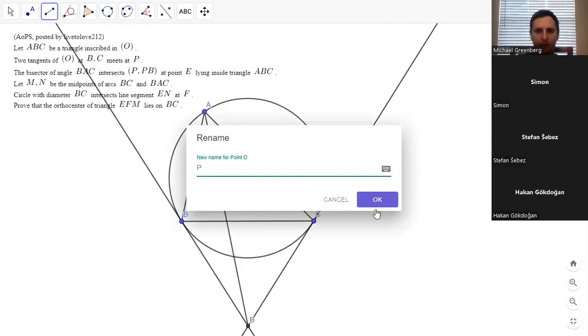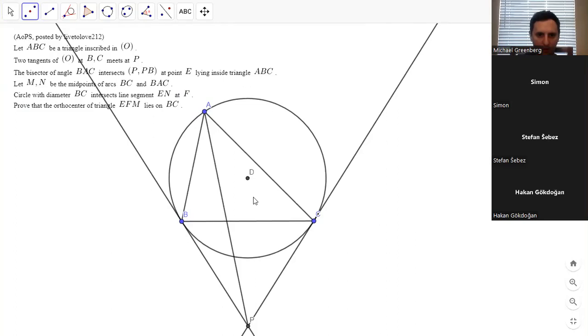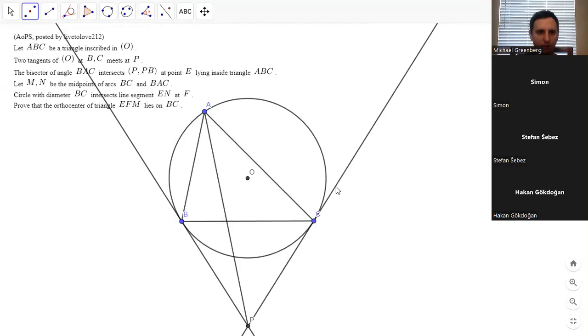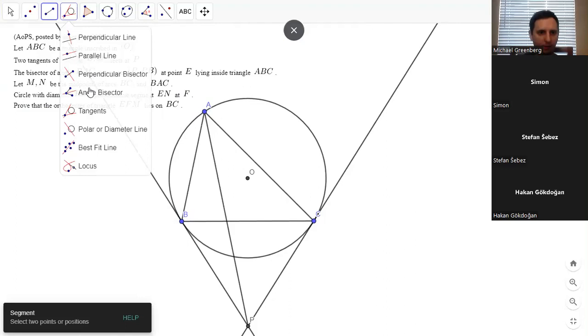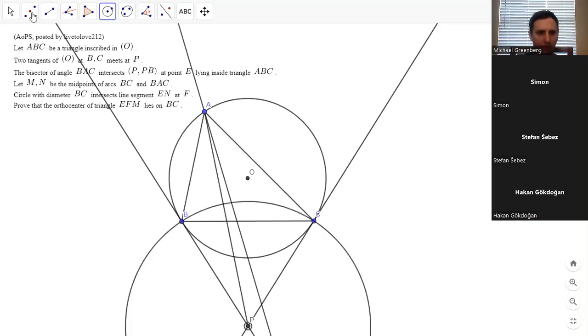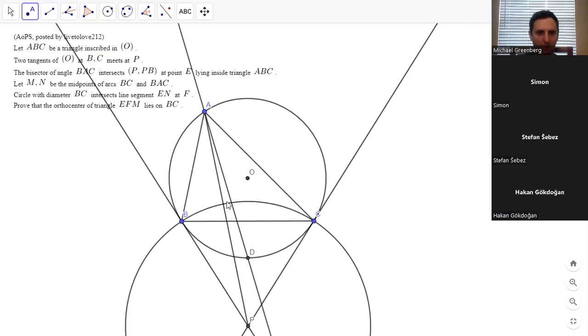And we have point O is the center of the circle. And the bisector of angle BAC, so that's going to pass through the midpoint of arc BC, and we want to see where it intersects this circle. So this point is going to be the midpoint, and this is going to be point E.